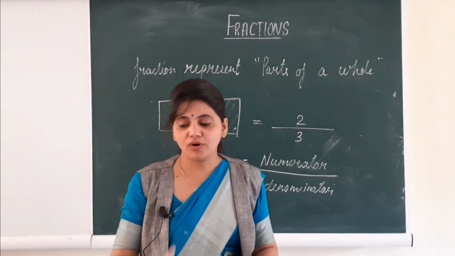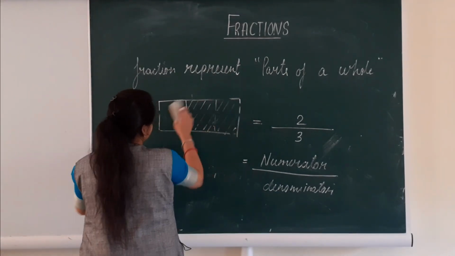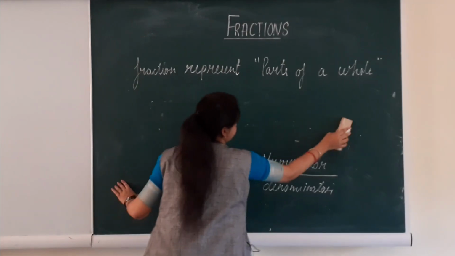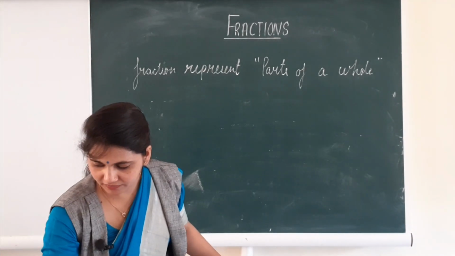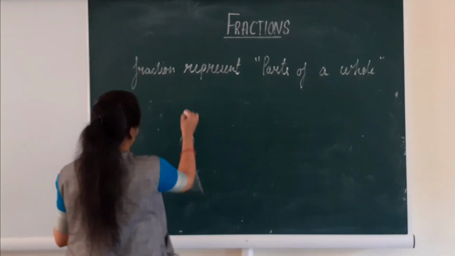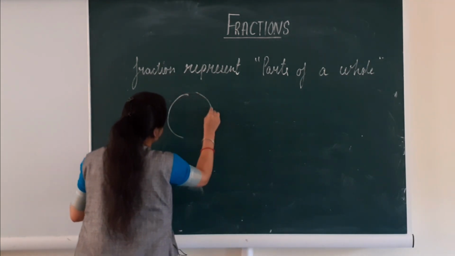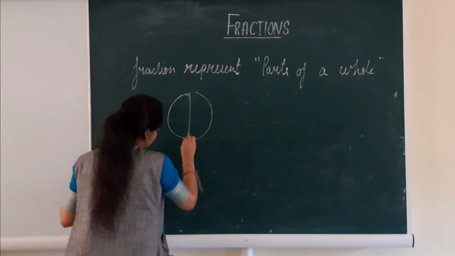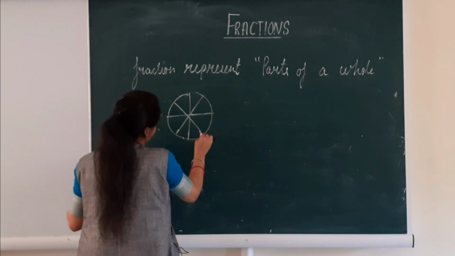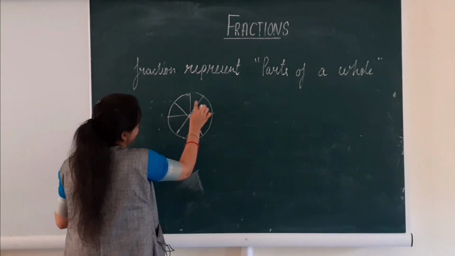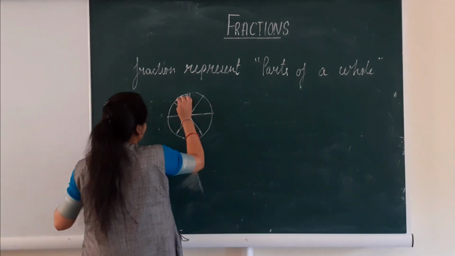Let's take some examples from our book. This is a circle. It is divided into 8 parts: 1, 2, 3, 4, 5, 6, 7, 8.